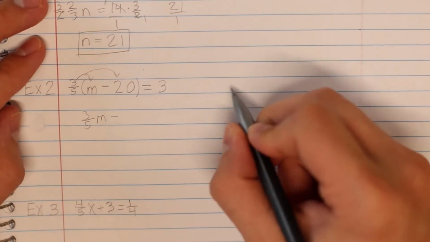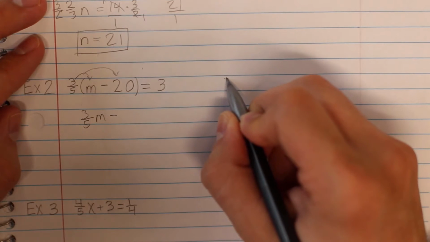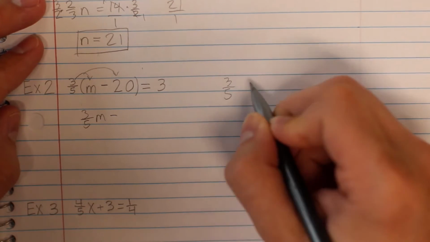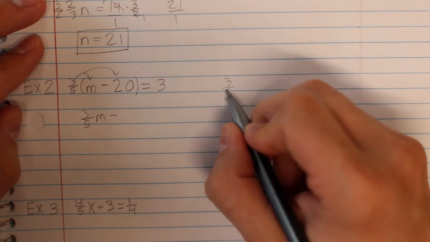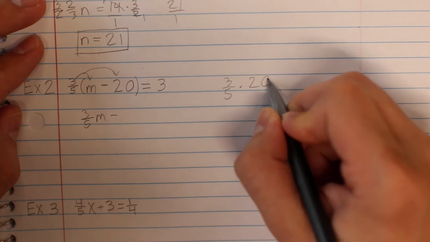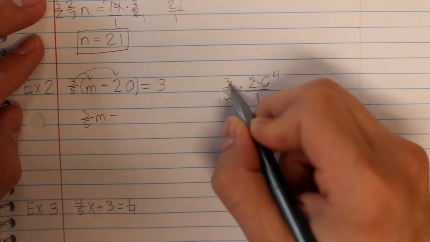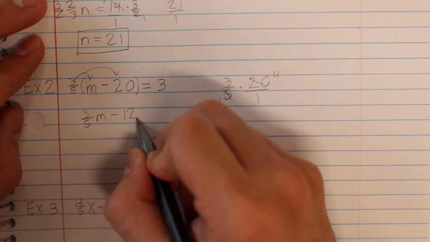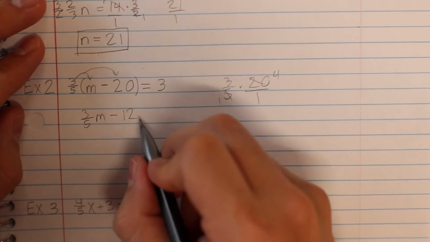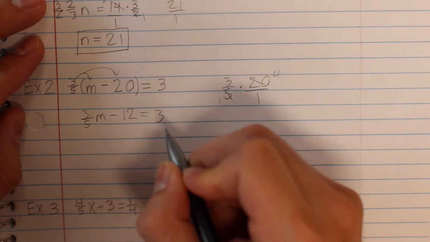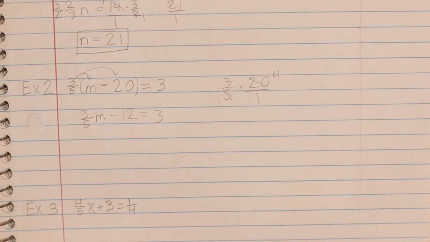If you want, you can use your side work over here. Always use this when necessary. Come over to the side and put down your 3/5 times 20. Put it over 1. You can cross reduce 4, 1, so you end up with 12.